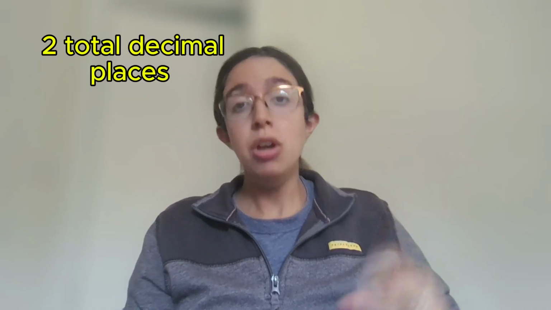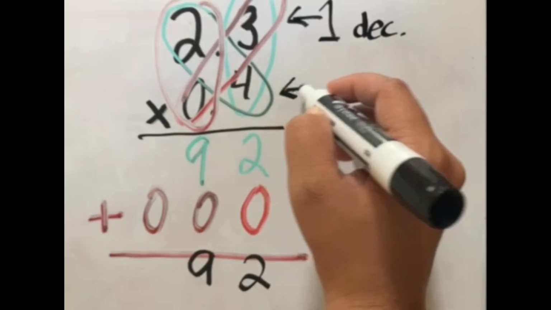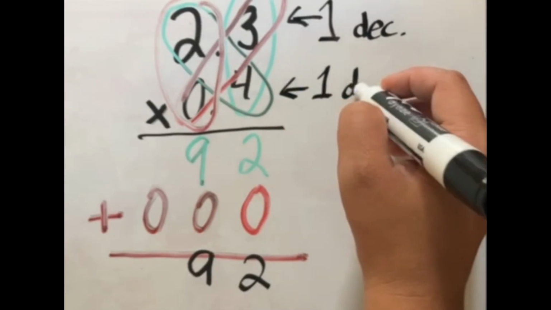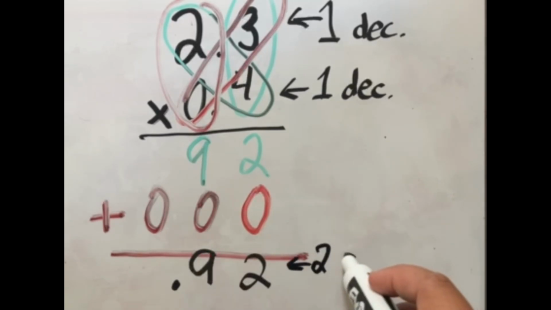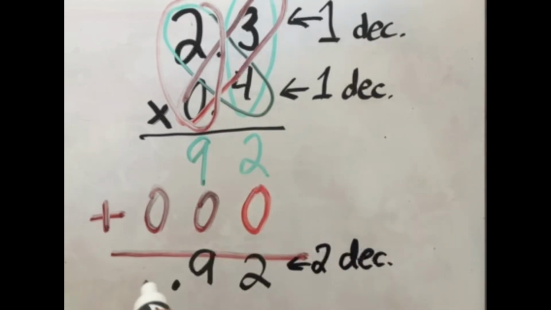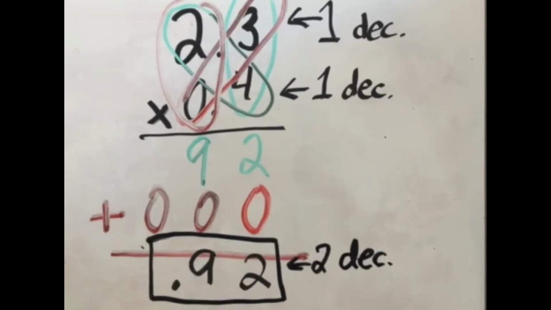We have 2. So therefore, our answer needs to have 2 decimal places. So to make our number have 2 decimal places, we're going to put our decimal point in our answer right before the 9. So we're going to have 0.92 as our final answer, having 2 decimal places.